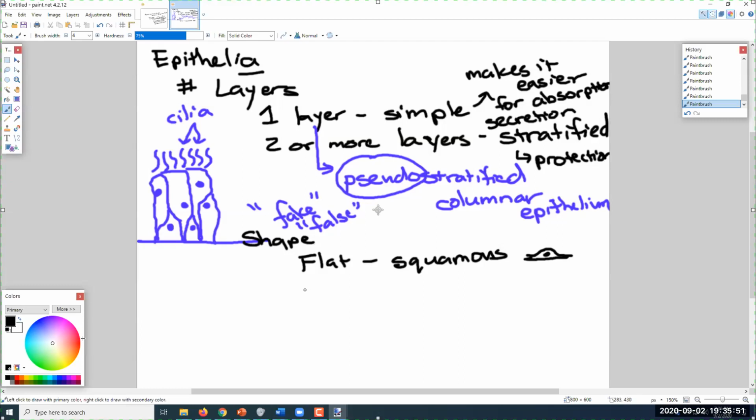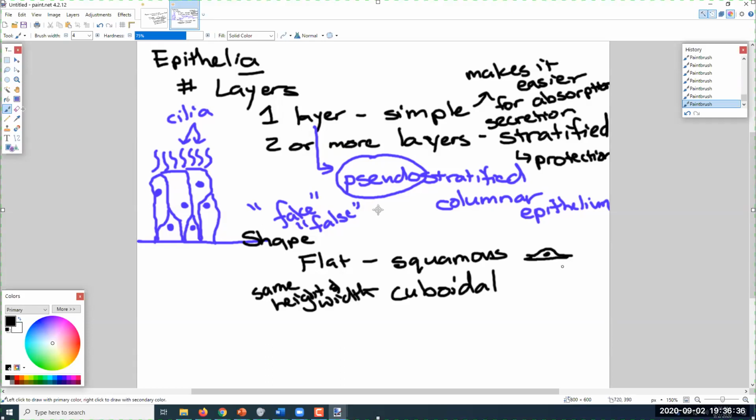The next one that we'll learn is cuboidal. Okay, cuboidal means that it has the same height and width.